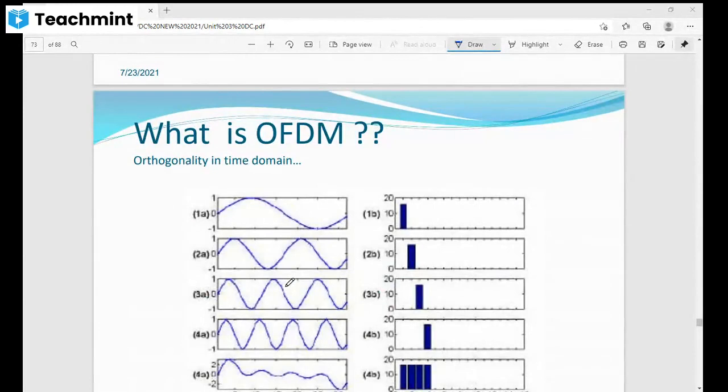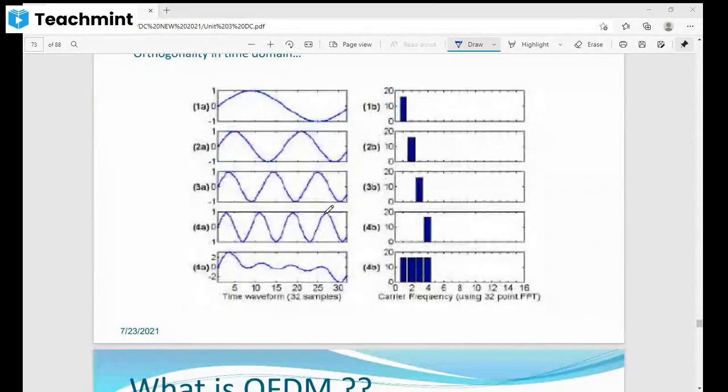Now, what is orthogonal frequency division multiplexing? Orthogonality in time domain is shown in this diagram.